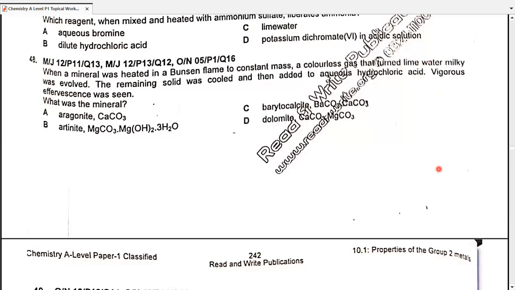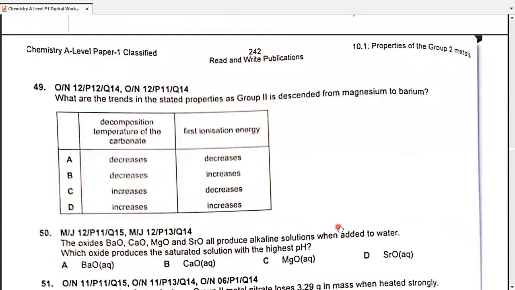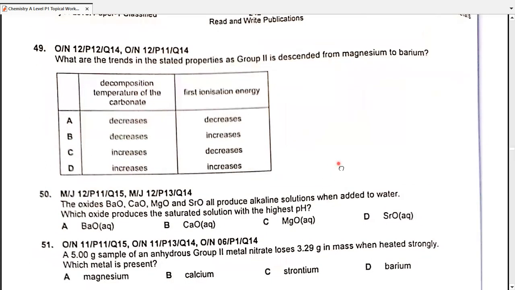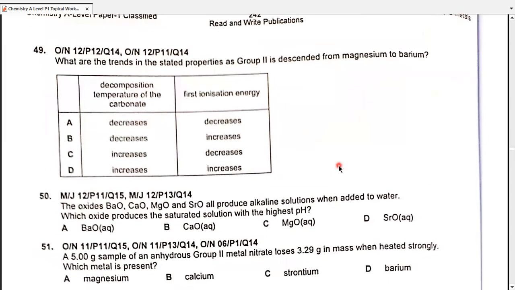I think C. Perfect thinking. It's C. Yeah, it is C. And because of the exact same reason you were thinking about, reactivity increases down the group. Barium oxide is supposed to be most reactive, with vigorous reaction when reacted with an acid as compared to calcium or magnesium.